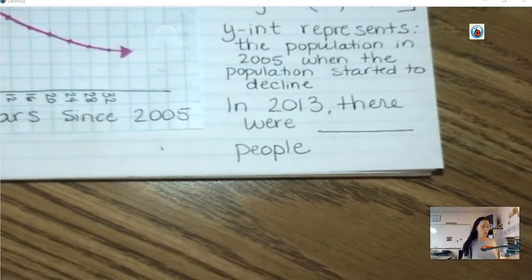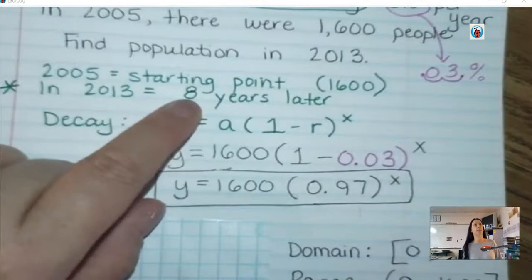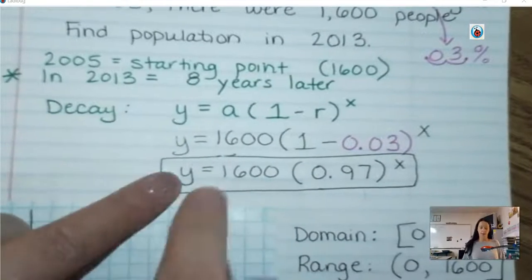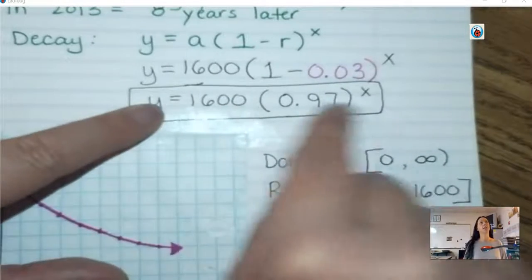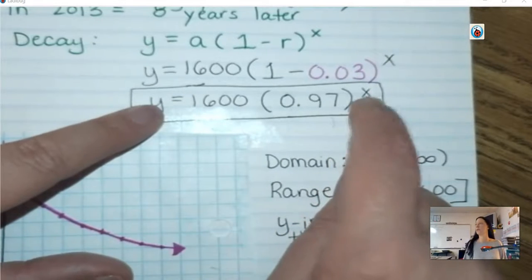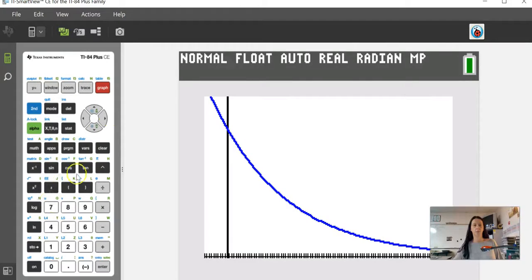So this is the one where I said you are not using the number 2013 because the starting value was in 2005. So we're actually going to be using the 8 because 2013 is 8 years later. So you're going to take this equation, plug this into Desmos or your calculator, but put an 8 in for the years for x. So put in 8 for the years.